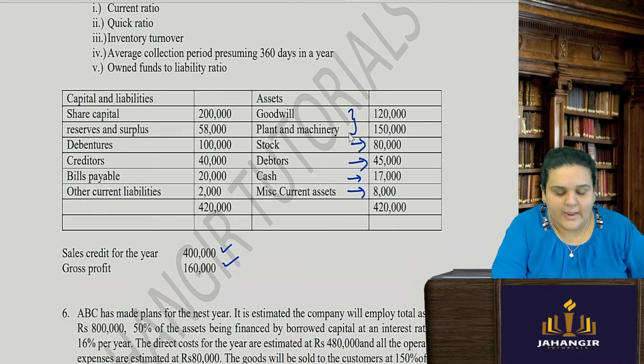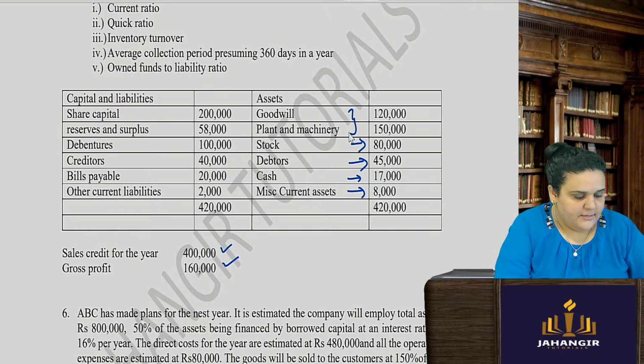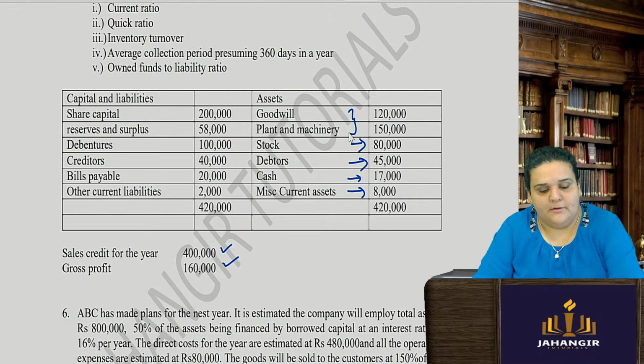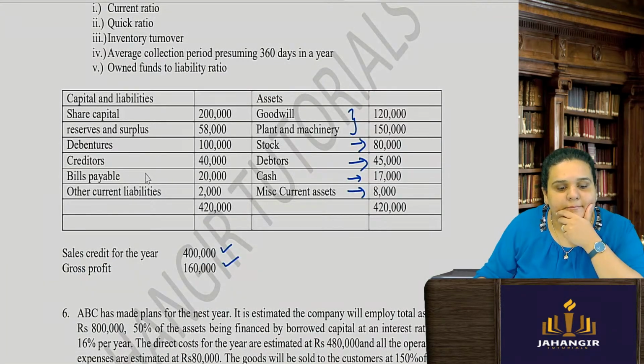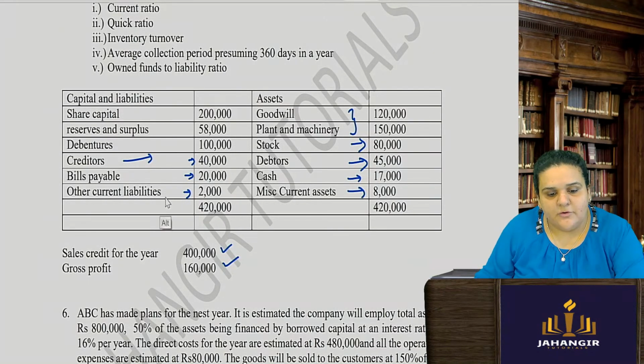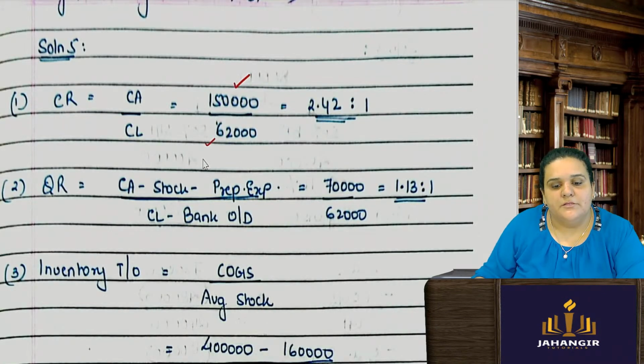Okay, so I have to add all this. 80,000 plus 45,000 plus 17,000 plus 8,000. 1,50,000 is my current assets. And my current liabilities will be creditors, bills payable, and other current liabilities. Okay, so it will be 62,000. So current assets to current liabilities is 2.42.